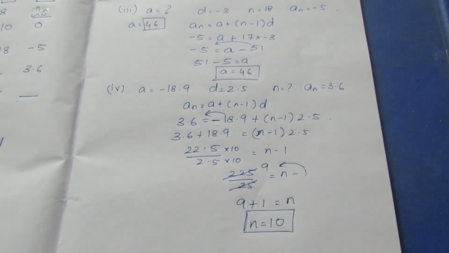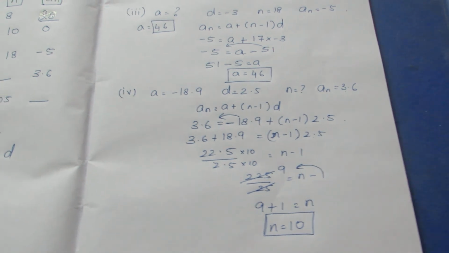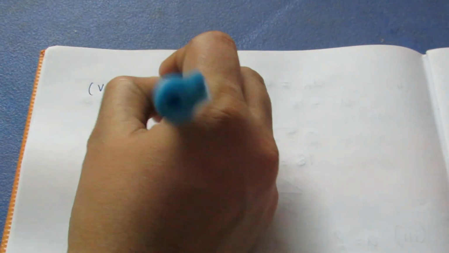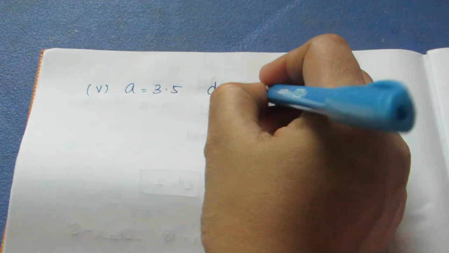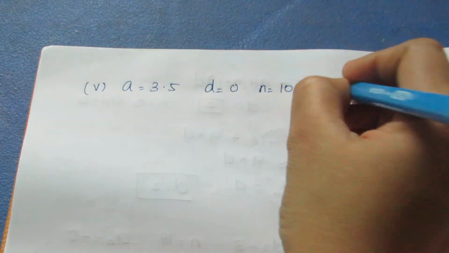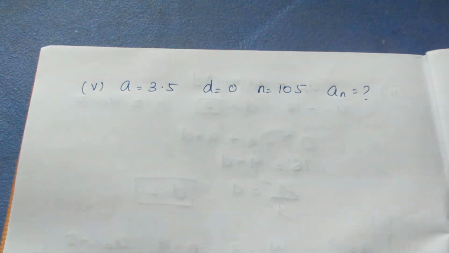We'll move on to the fifth sum. In the fifth sum, they have given A to be 3.5, D to be 0, N to be 105 and AN equal to question mark.